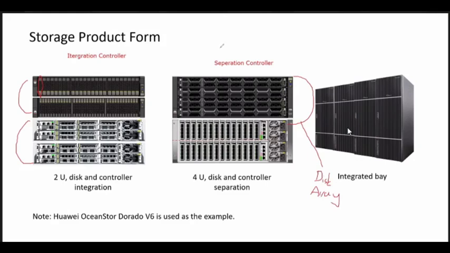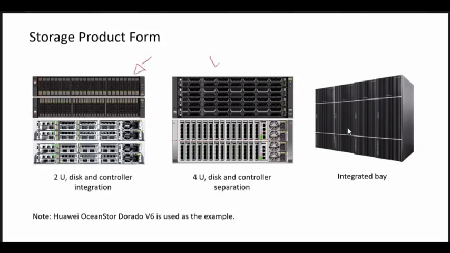In some sense, these are cheaper, and these are the more expensive products. The expensive product will be the performance-based ones, the separation controllers. Then, of course, you have the integrated bay products, where you're basically buying a whole cabinet of products. This will be like Fusion Cube or something like that.